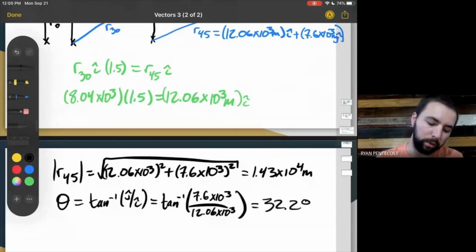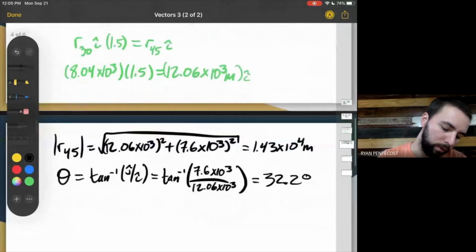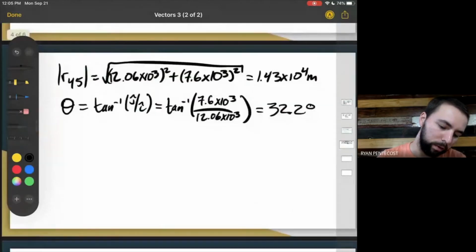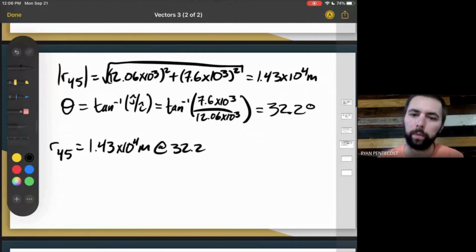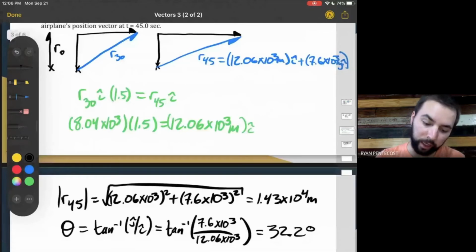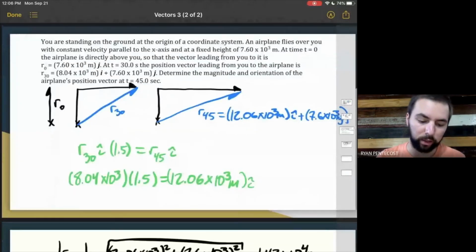Now, to give an answer, our vector r45 equals 1.43 times 10 to the fourth meters at 32.2 degrees. But our coordinates are really just, let's see, what do we have? The x-axis is just in any given direction, and the y-axis is just altitude.